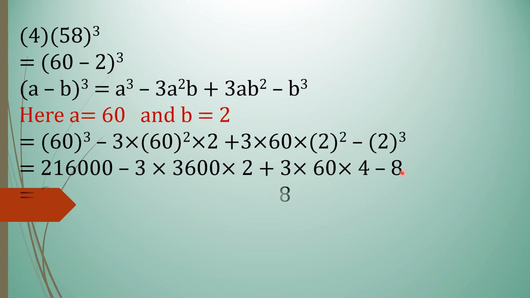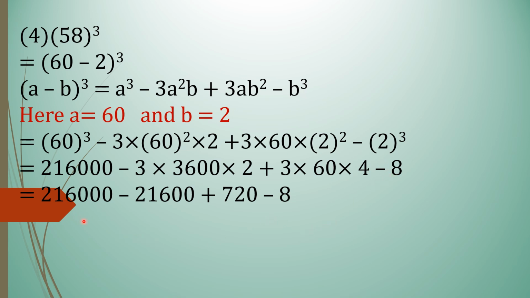Now students, let's solve this. 216000 minus, now you'll multiply 3 into 3600 into 2, so you'll get 21600, plus, then you'll multiply 3 into 60 into 4. When you multiply this, you'll get 720, minus 8 as it is.